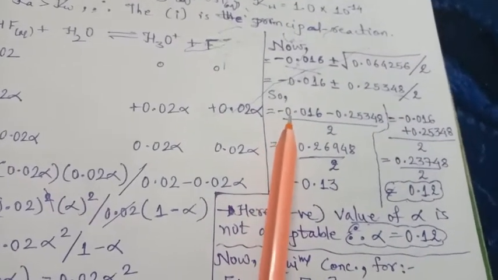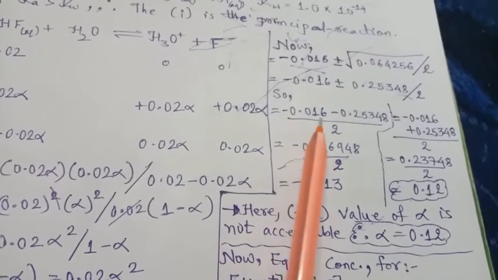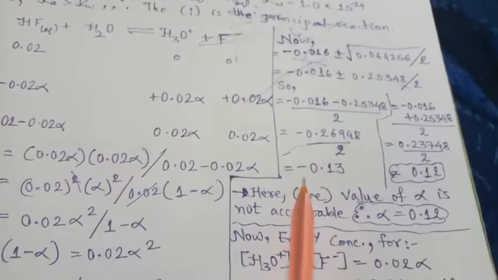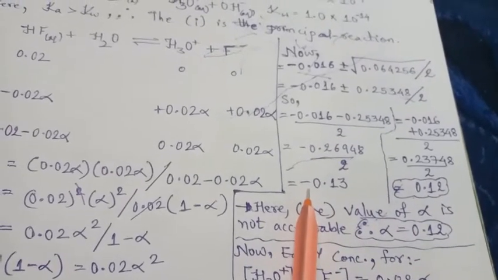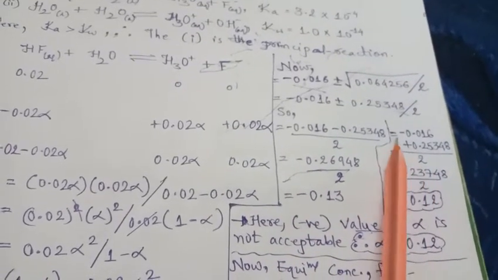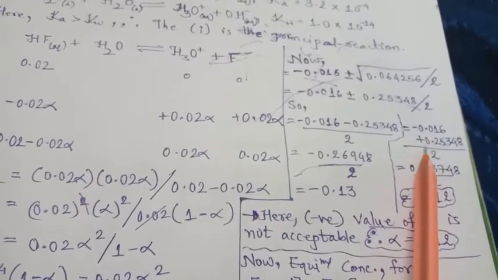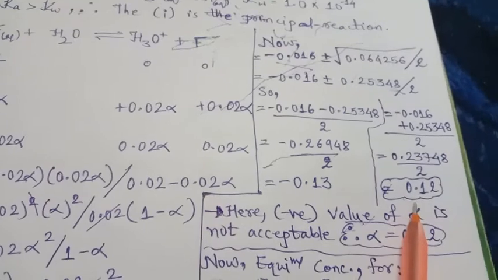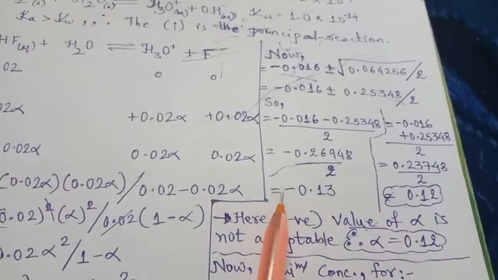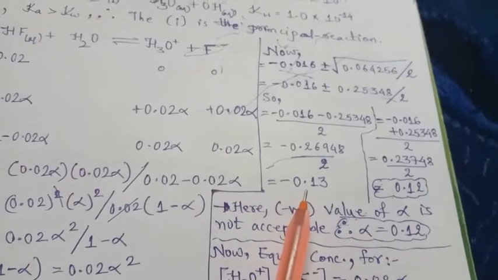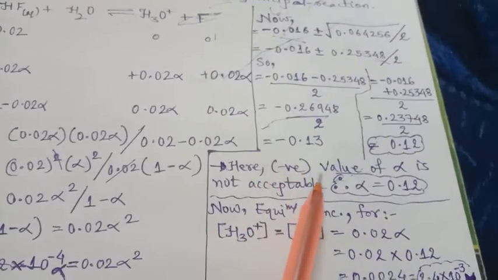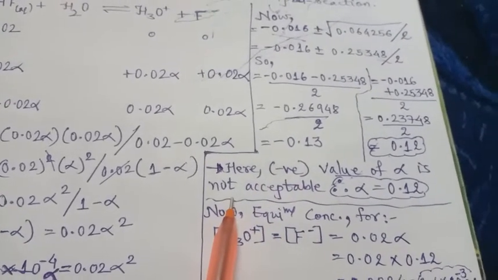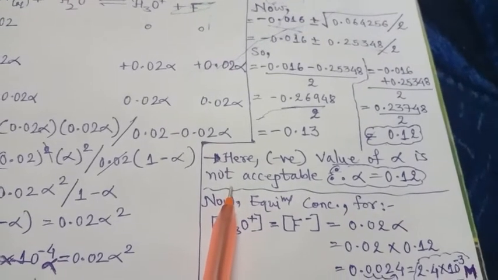So here it is minus 0.016 minus 0.25348 upon 2 will give me negative 0.13, and when I will add it, minus 0.016 plus 0.25348 upon 2, it will give me positive 0.12. Now we know that as per the concentration here, negative value of alpha, that is dissociation constant, won't be acceptable because alpha is degree of dissociation.